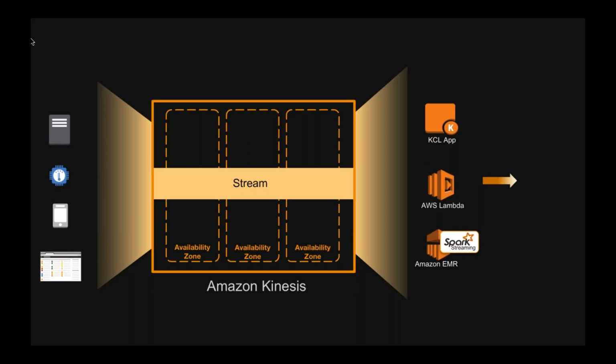Another common use case is to do predictions on the data. So based on the data that's coming through, use some kind of predictive algorithm to try and predict, if we're getting device data, is this device about to fail based on the telemetry data we're getting back from it. And also then we might just fire off an alert. So if we see that a particular message is out of bounds, for example, we might trigger off an alert system which lets someone know.